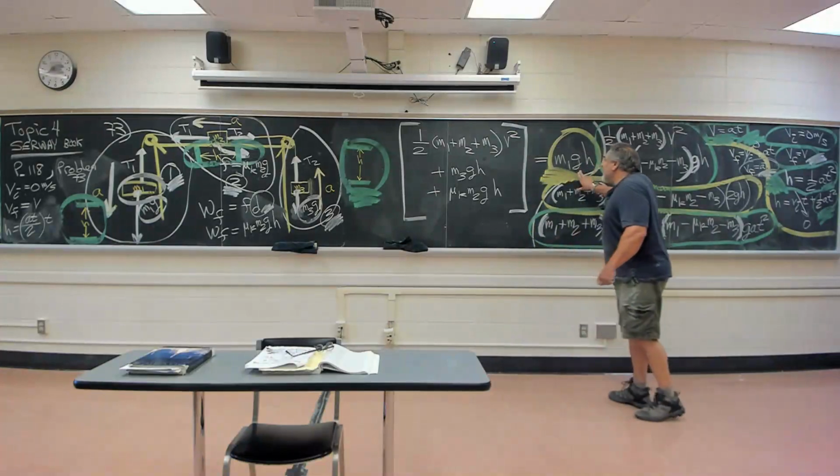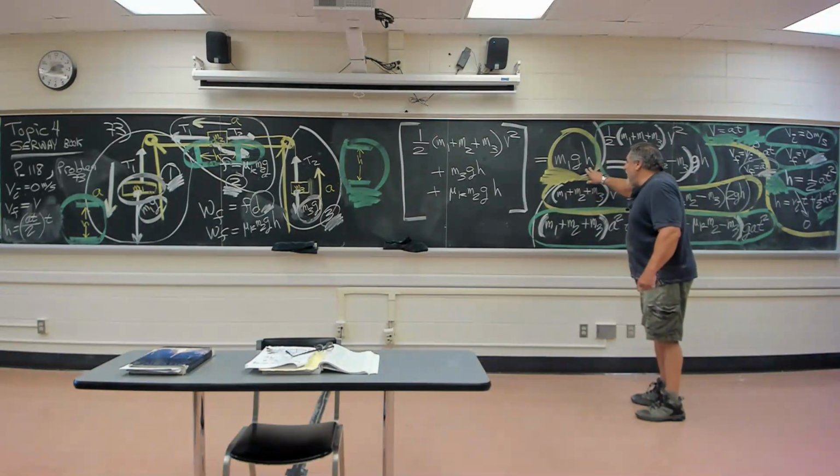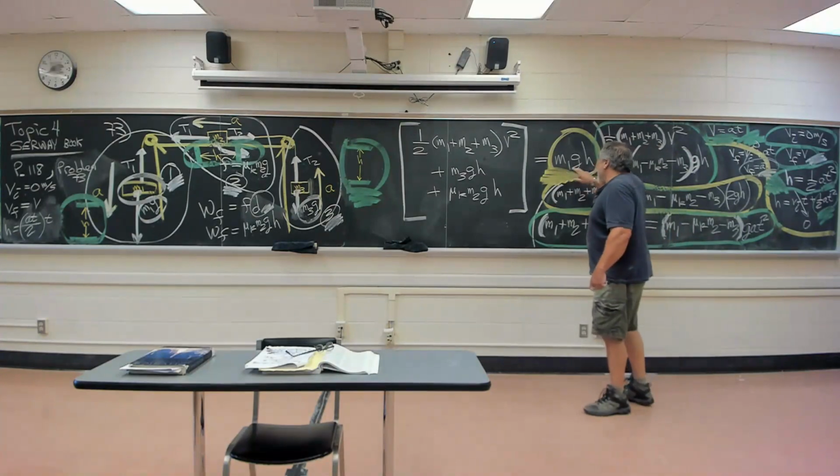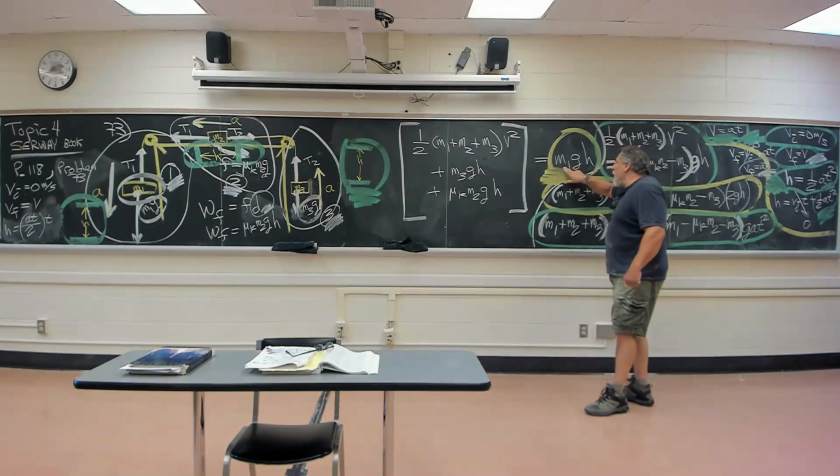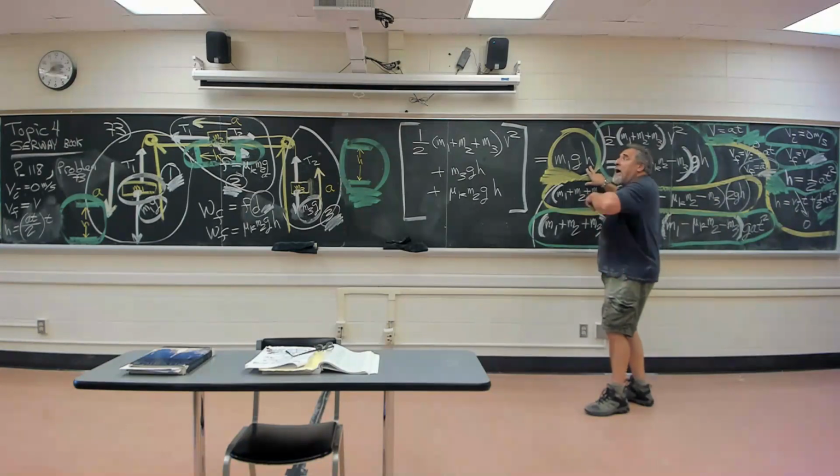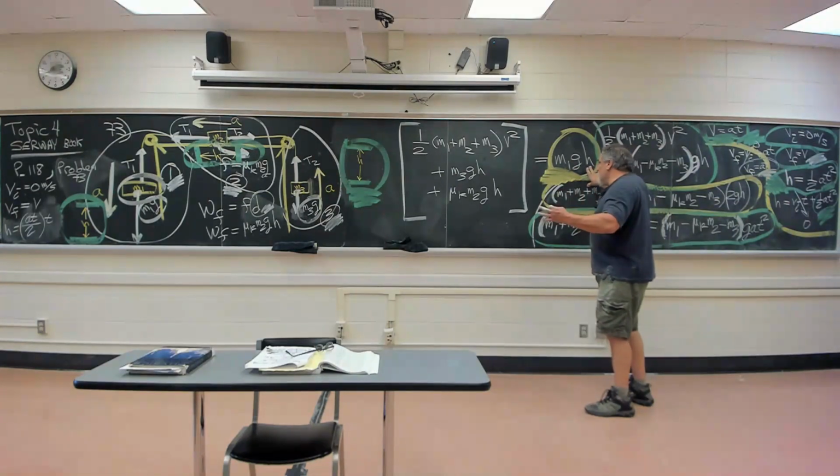This guy falling down h, with the force M1g applied to it, did the following. After t seconds, M1 fell a distance h. After t seconds, everybody moved h. This guy fell, lost potential energy in the amount of the force M1g times h.